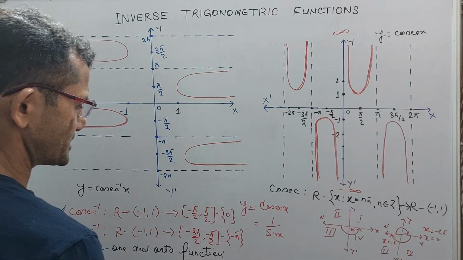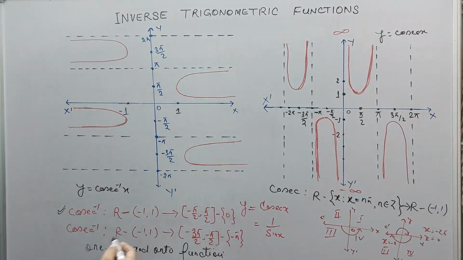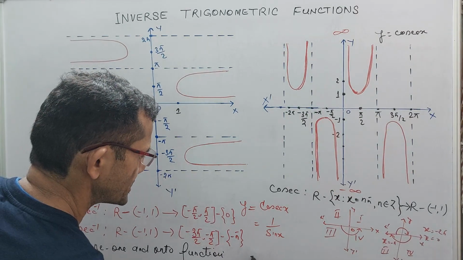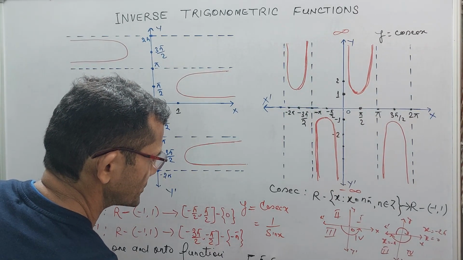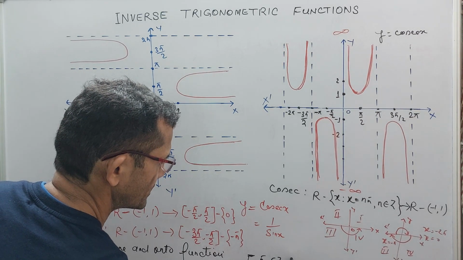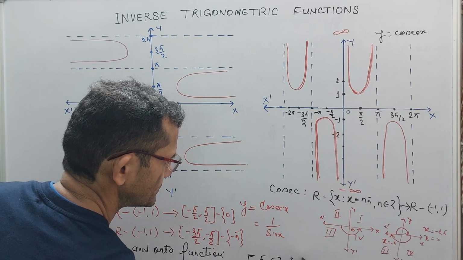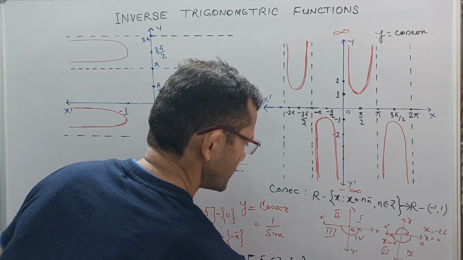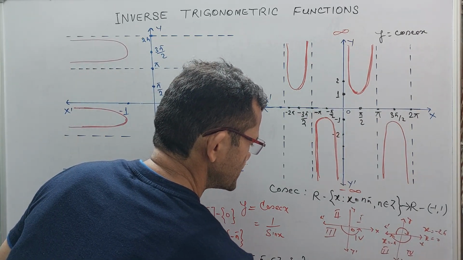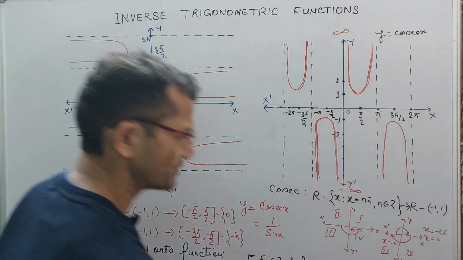It means that if I consider the interval minus pi by 2 to pi by 2, deleting zero from here, it will be the principal value branch of the cosec inverse.